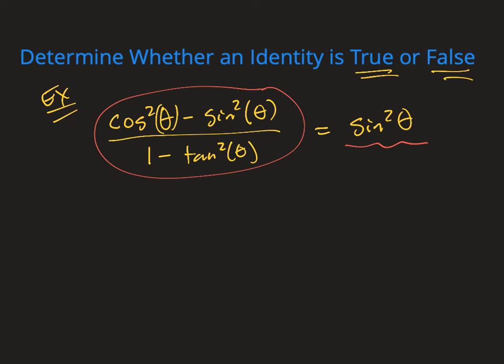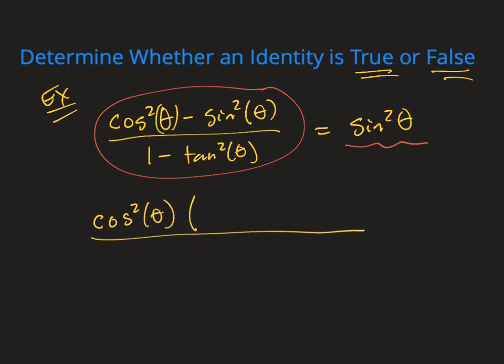And accomplishing this isn't always easy. So you might try 2 or 3 or 4 things before you arrive at the actual best strategy for completing your task. One thing I'm going to do, which doesn't look like it's possible, is factor the numerator. I'm going to specifically factor out a cosine squared of theta.